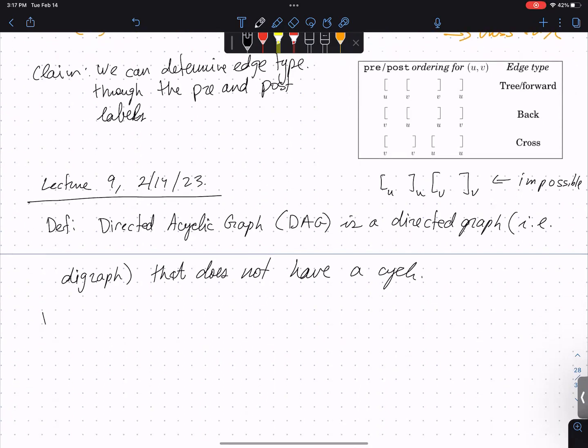And the associated problem with this is, given G, is G a DAG?